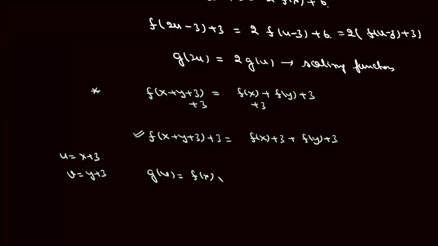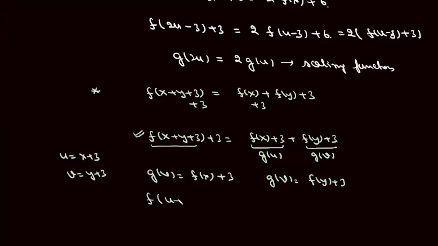So this is f(x) + 3, and the same way g(v) will be f(y) + 3. So this becomes g(u) and it becomes g(v), and f(x + y + 3) becomes f(u + v - 3) + 3, and f(u + v - 3) + 3 is g(u + v).